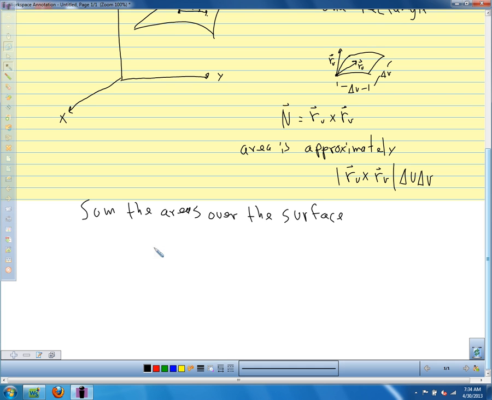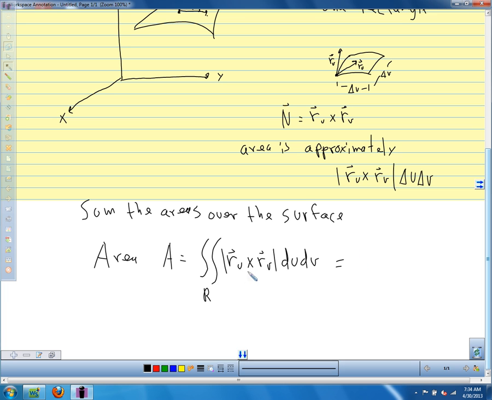And we get an expression for the area of our parametric surface. The area A is going to be the double integral over our region of the magnitude of r_u cross r_v du dv.